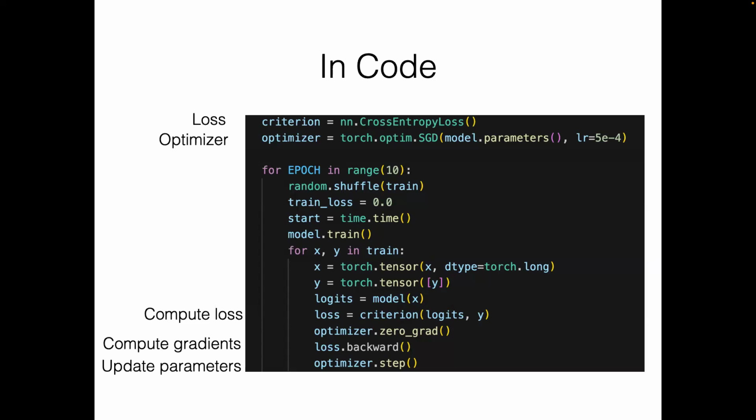Then you loop through your data and pass it through the model. Typically, these scores are called logits. Then you compute the softmax and the loss, and then you perform the optimization, actually performing the update that we saw on the previous slide.